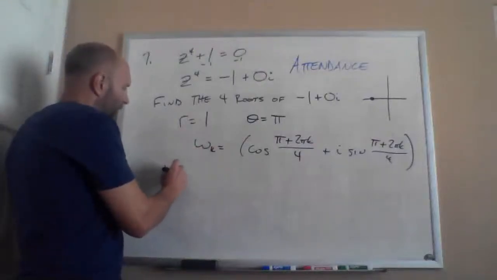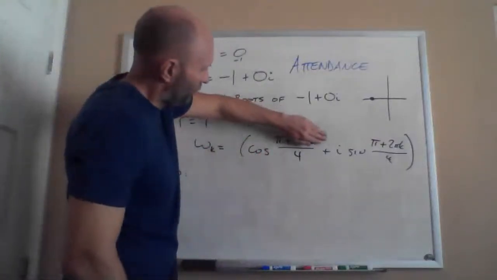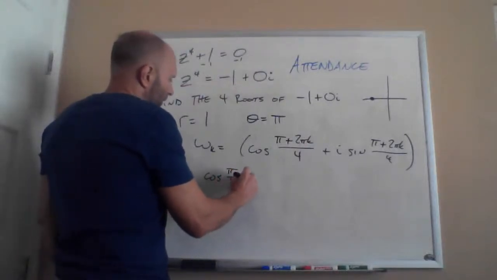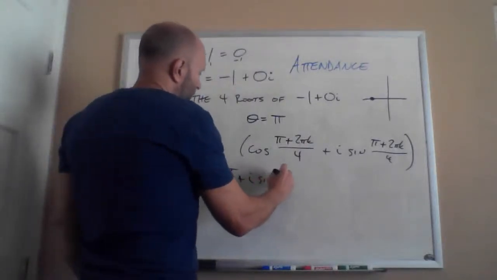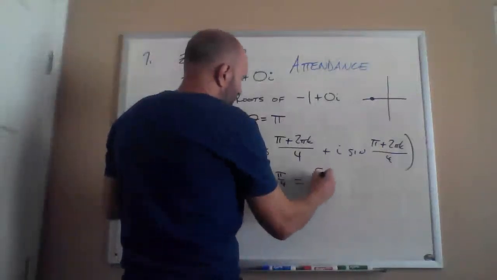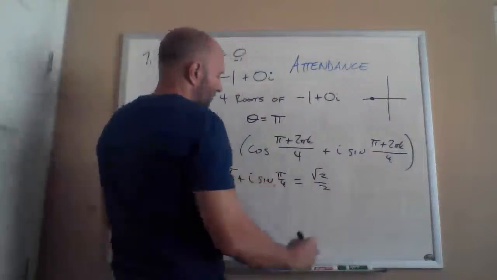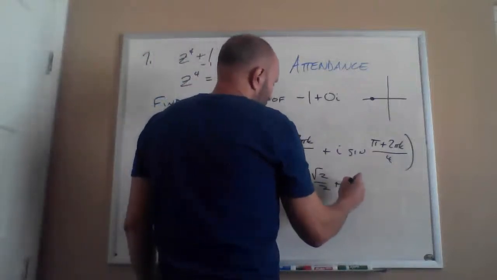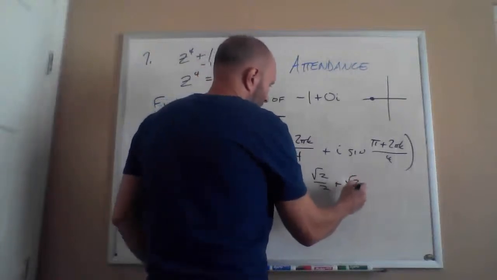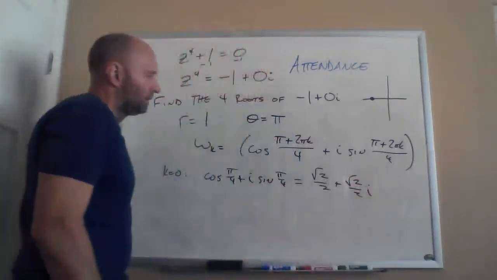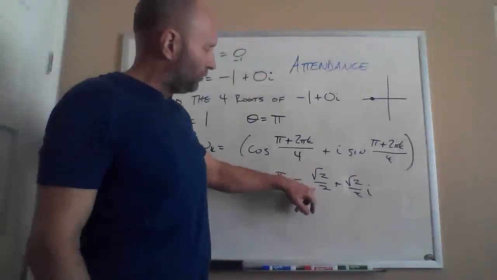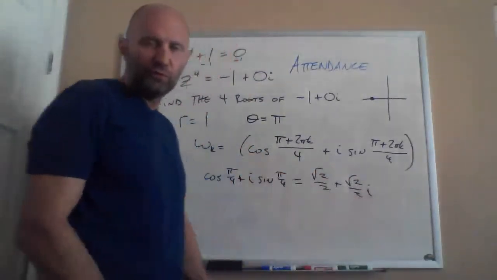So when k is 0, again, this piece goes away. So it's just cosine of pi over 4 plus I sine of pi over 4, which is what? Cosine of pi over 4 is root 2 over 2. Sine of pi over 4 is also root 2 over 2. So for when k is 0, your answer in a plus bi form is root 2 over 2 plus root 2 over 2 i.